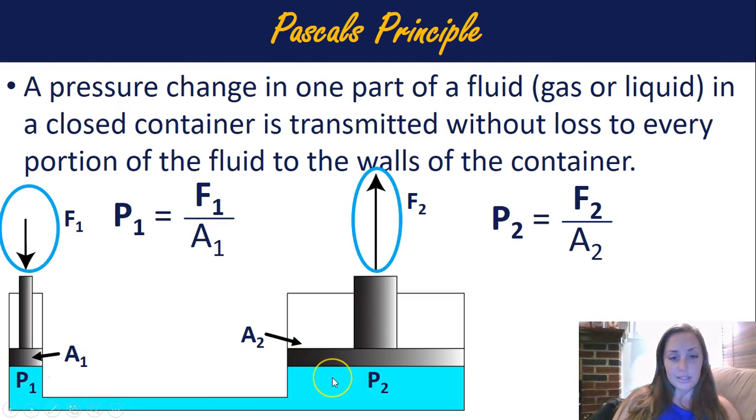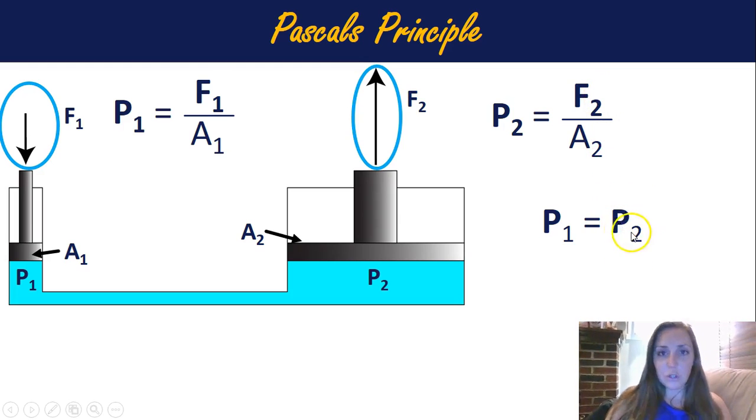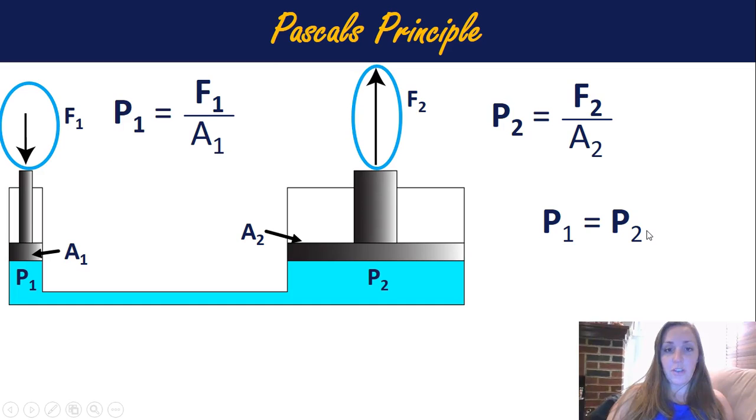So if these are starting at the same, then their rate of change is also going to be related. So if P1 equals P2, then we can say that force 1 divided by area 1, which is P1. Another way to say pressure 2 is force 2 divided by area 2. So I can take this P2 and replace it by force 2 divided by area 2.